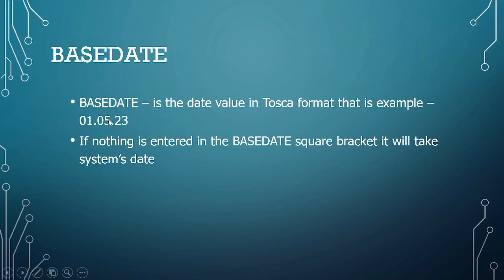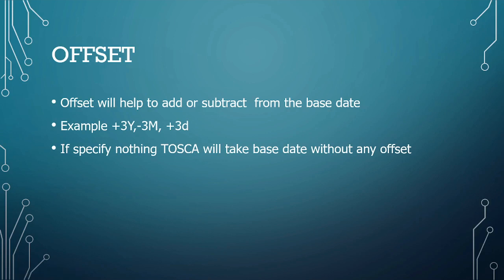Okay, then the offset. The offset helps to add or subtract from the base date. For example, take credit card expiry date. Suppose your expiry date is 3 years from now. So we take today's system date, today it is 2023, and from now it will be 3 years.